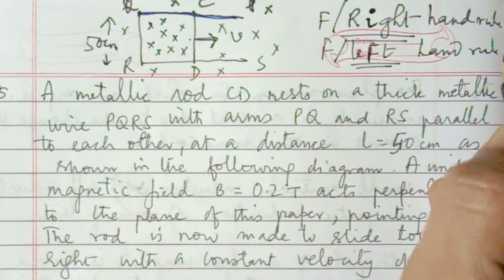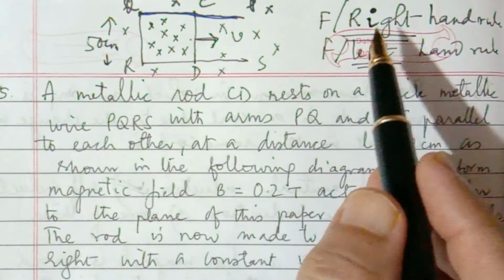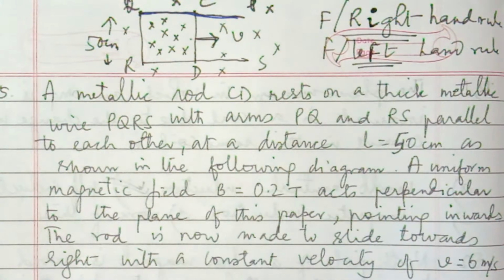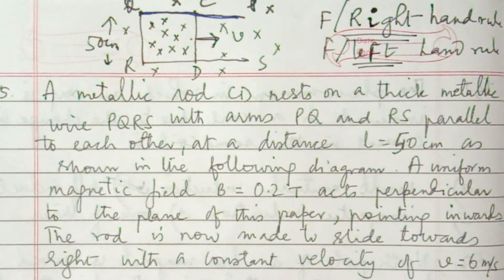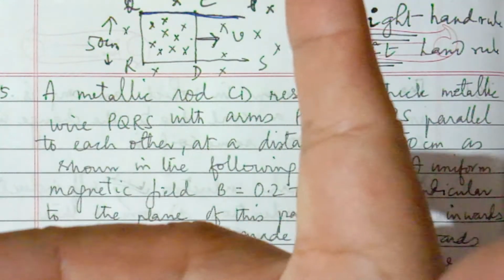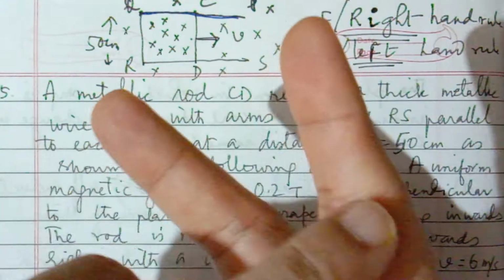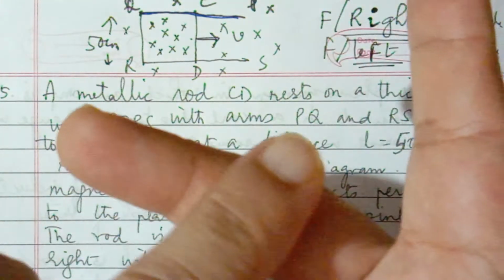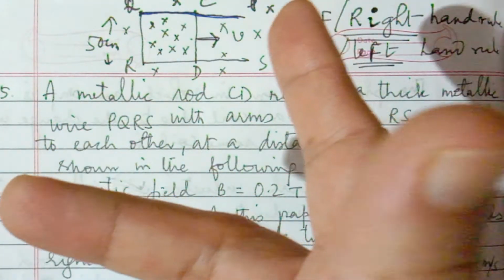Here you are finding the direction of current I, so use the right hand rule. How to use it? The forefinger will represent the direction of magnetic field, this one current, and this one force.